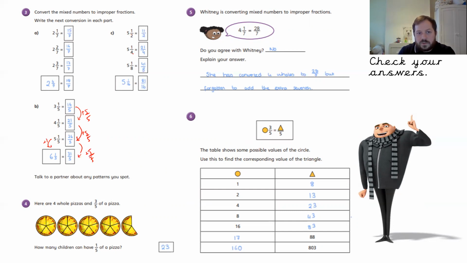C, what's the difference between this one and this one? The interesting thing here is that the different bit is the denominator. So these are significantly different, but there is a pattern if you go down. So 5 and 1/2, so 5 times 2 is 10 plus 1 is 11. Then we've got 5 and 1/4, 5 times 4 is 20 plus 1 is 21. 5 times 8 is 40 plus 1 is 41. So that's nice and easy, but what we're doing each time is interesting.